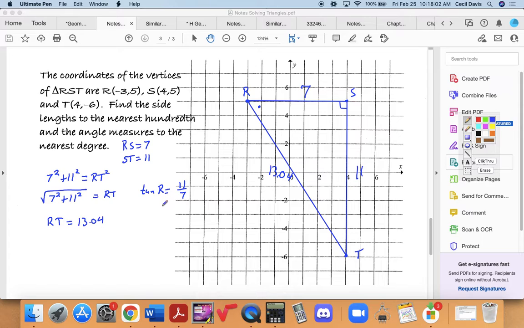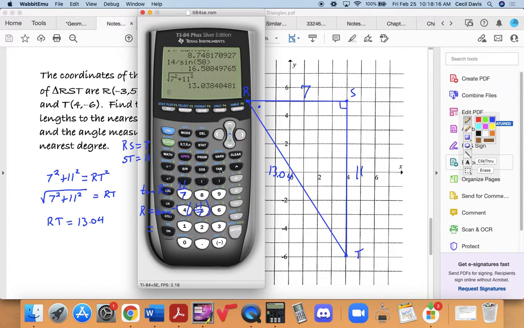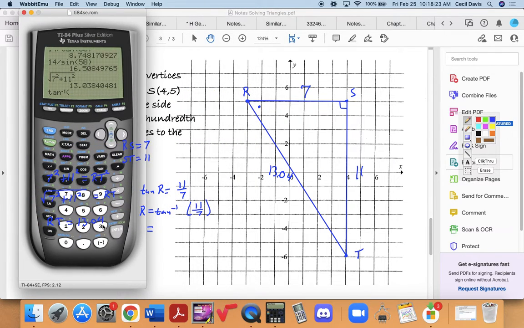How do we get rid of the tangent? Take the tangent inverse of both sides. Once you have solved, you're ready to pick up your calculator. So second tangent of 11 over 7. It said round to the nearest degree, I believe.